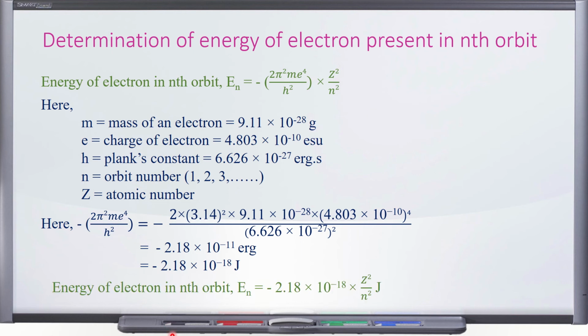And the energy of electron in nth orbit equals minus 2.18 into 10 to the power minus 18 into Z square divided by n square joule.